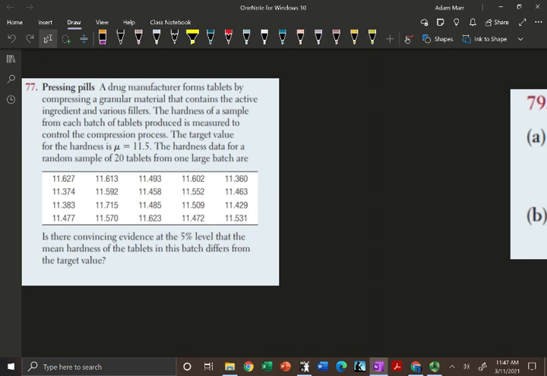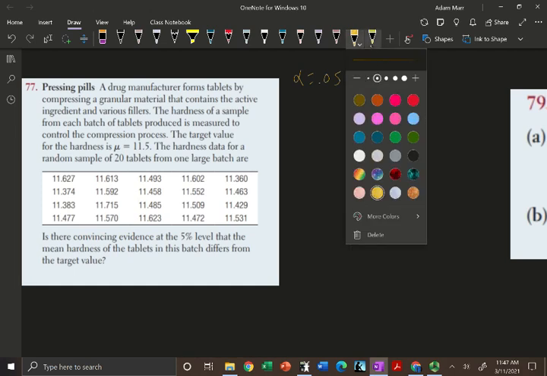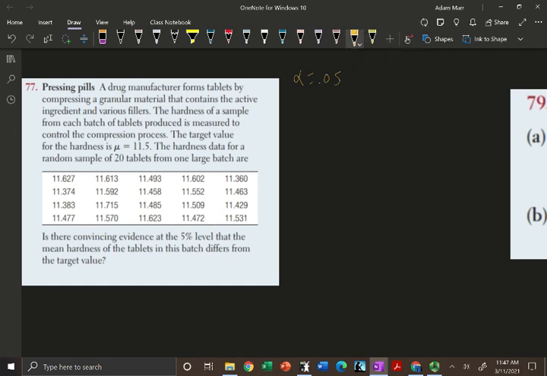First of all, just to write my notes, it looks like the significance level is 5%, so I'll write that down. We don't know the sample mean because we have to do that in the calculator, or the sample standard deviation. But we can go and start the null. So I'm going to write down State.